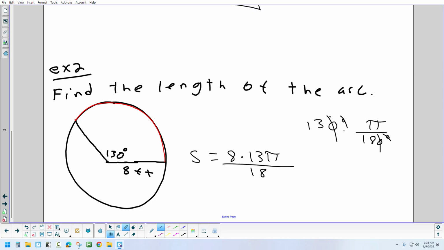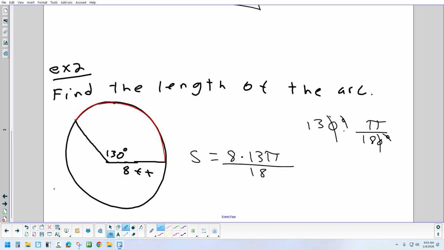All right. Anything there that we could reduce? 8 times 13. Well, we can do that, but there is something you can reduce, so we can make that calculation easier. Anything there that the same number goes into both of them?